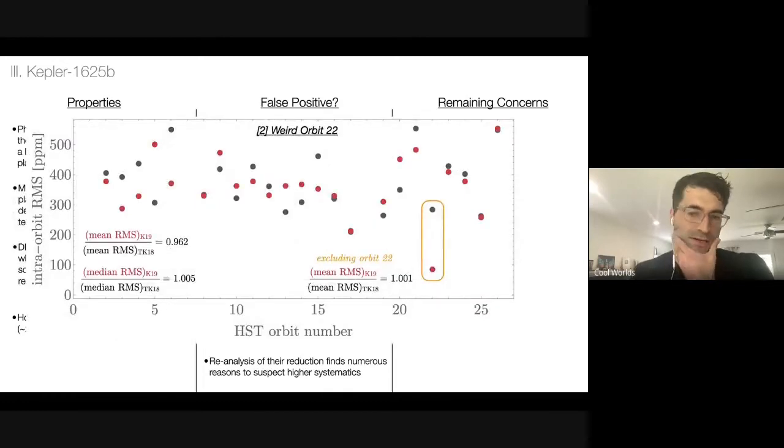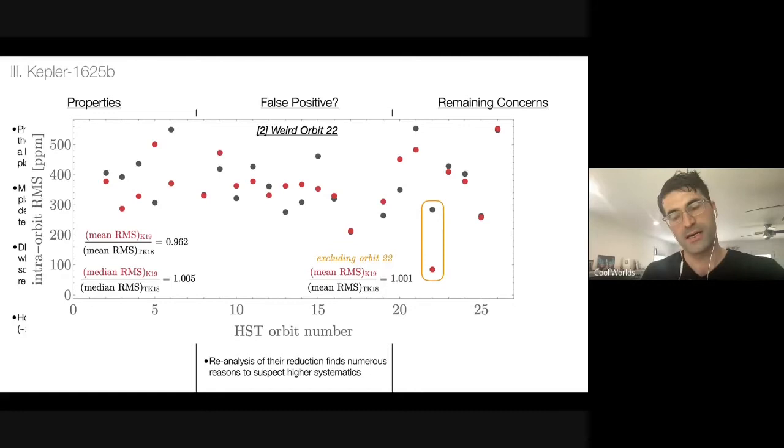The other thing that's really odd, if you look at the RMS of each orbit, so there's actually 26 Hubble orbits used for these observations. On the 22nd orbit, you can see that our scatter, which is the gray points, all the gray points are the scatter from our analysis, is pretty consistent with the scatter we got for the other orbits.